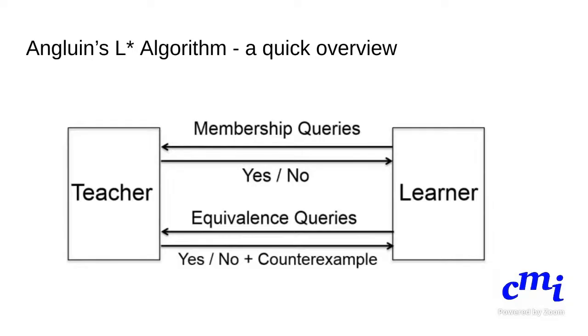It replies yes, or it says it is not equal to the automaton we're trying to learn and replies with a counterexample, which is in the desired language but the learner's automaton does not have it, or it could be either way.